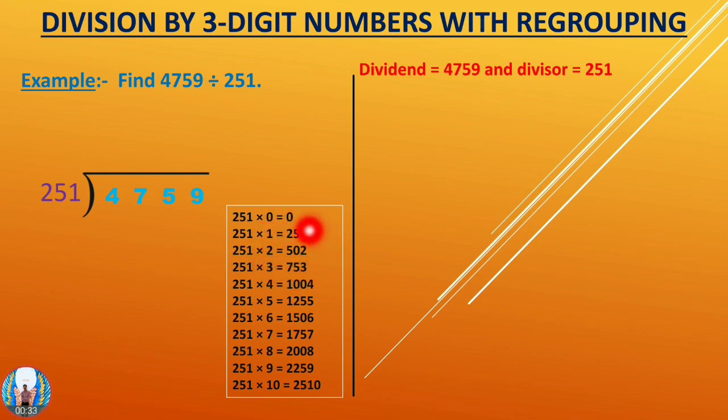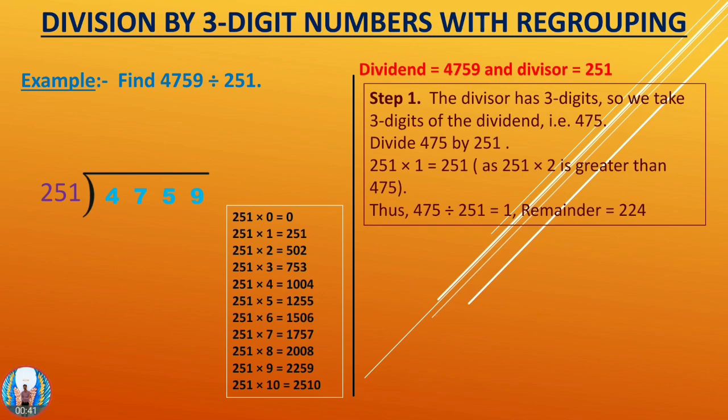So we will take the lesser number, that is 251. We will write 251 here, and 251 times 1 is 251. So we will write 1 in the quotient place. Now we will subtract 475 minus 251 equals 224. Then we will bring down the 9.